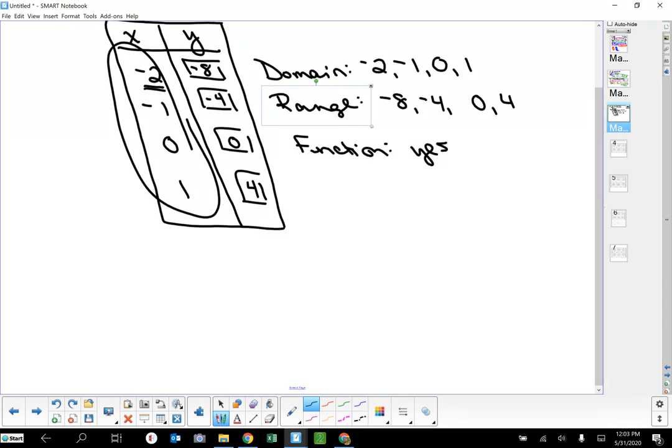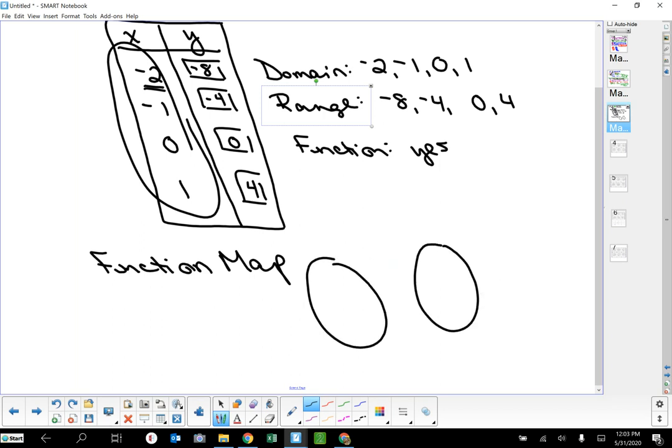Another way to represent these ordered pairs is what's called a function map. What it looks like is two little eggs. So you have one here and one here. All of your domain values are always listed on the left, your range on the right, which also you could say these are your input values, these are your output values.